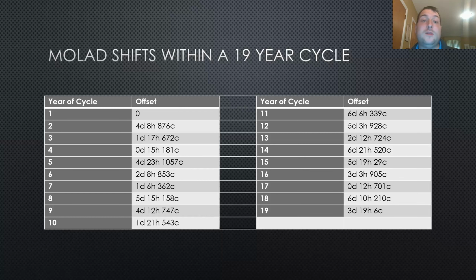If Rosh Hashanah is on Monday, the offset for year two is 4 days, 8 hours, and 876 chalakim. In ordinary cases, Rosh Hashanah the next year, year two, will be on Shabbat. The next year, it will be on Thursday. And the next year, it will be on Tuesday, probably. So just based on which year of the cycle it is, you can determine what's going to happen.